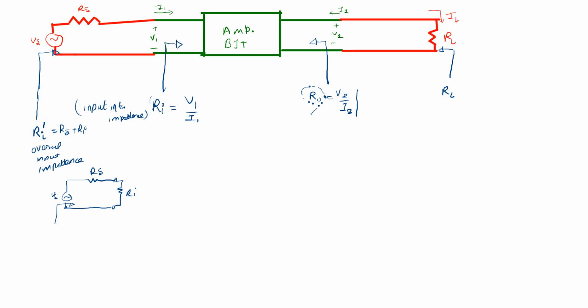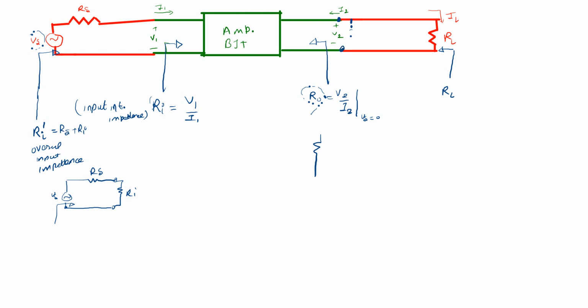So VS will be 0, which is a short circuit when you calculate the R naught. You can write here Vs equal to 0. At this place you have to replace the whole network by R naught. I can draw it like this. So this is the terminal.